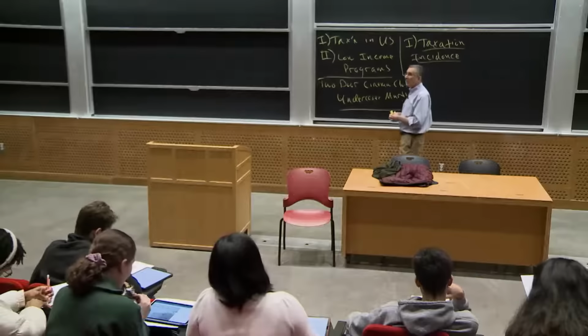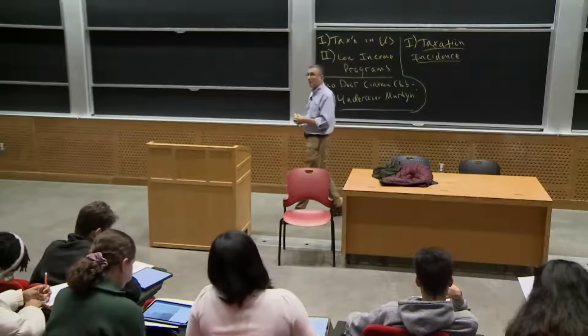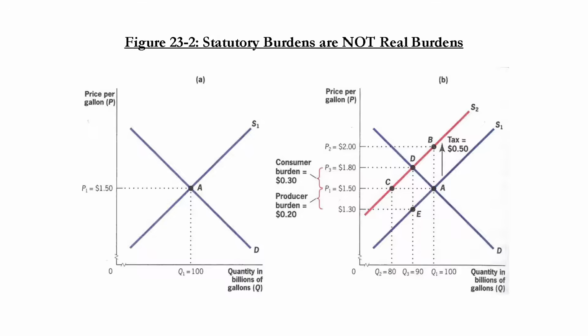If they're sending 50 cents a gallon to the government, they have to make $2 to be zero profit now. So that's what they'd have to get. So we get a shift in supply, and therefore, through the adjustment to equilibrium, we get a new equilibrium at point D, which, since supply is shifted inward, has only 90 billion gallons of gas being sold at a price of $1.80.